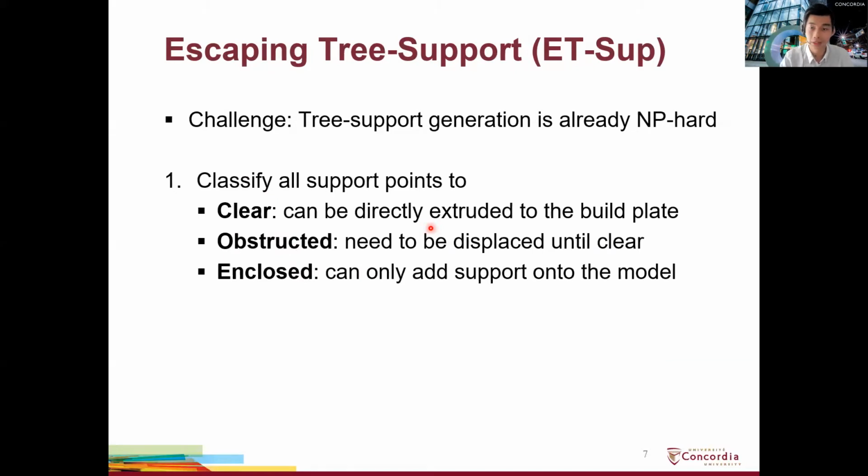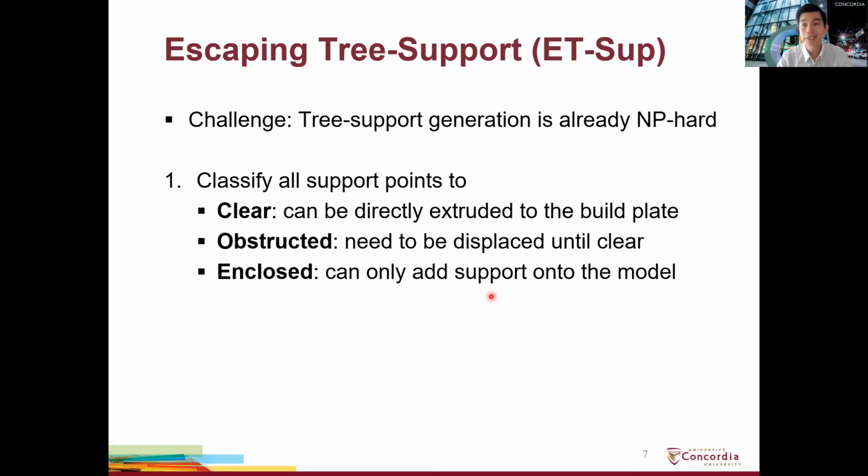Obstructed means it has the potential to link or go outside and get to the build plate, but it needs to be displaced, or it needs a particular linkage to do so. You cannot directly extrude it. Enclosed means that no matter what you do, for example, something inside the whole model is surrounded and circled, there's no way. The only thing you can do is add support onto the model.